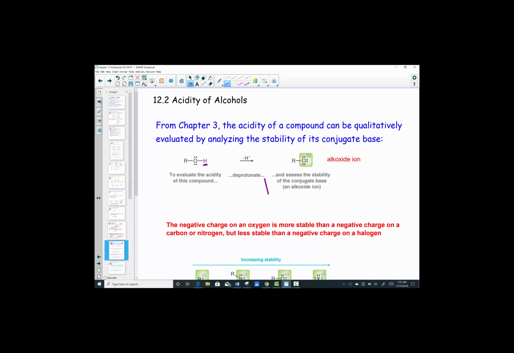So here is the hydrogen that's attached to the oxygen on an alcohol. This is the hydrogen we're looking to deprotonate, to remove the proton to create a deprotonated alcohol. The name of the deprotonated alcohol is called an alkoxide ion.